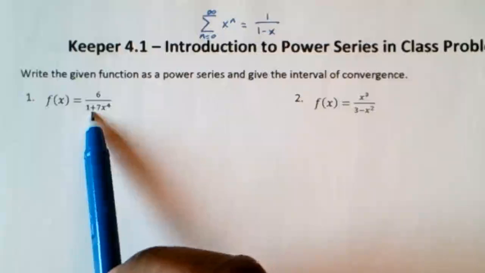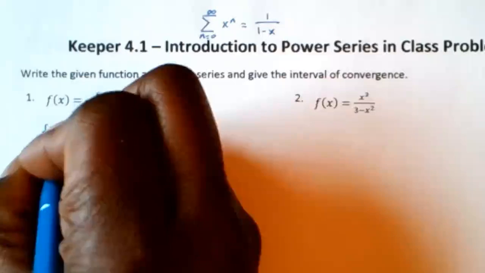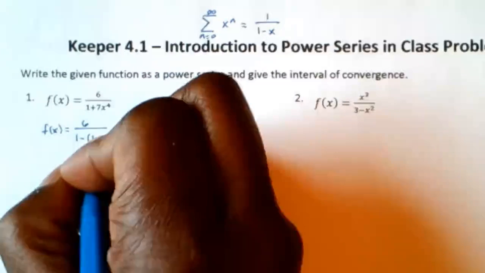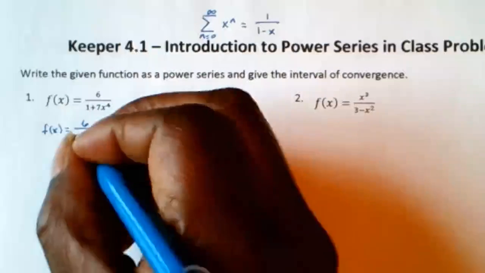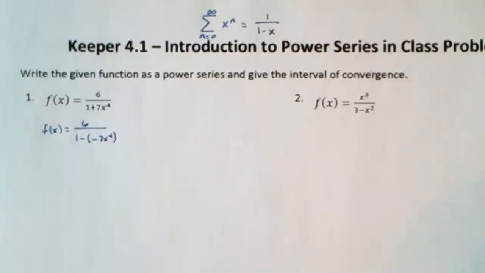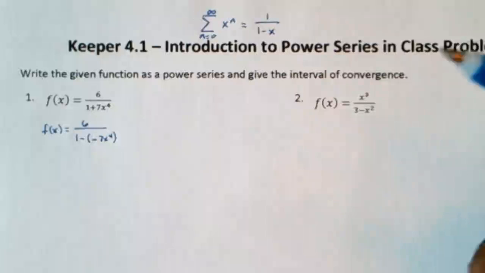And I also need to make sure this is minus. So when I rewrite my f of x, I'm going to get 6 over 1 minus negative 7x to the 4th. Now I've got my 1 in front in my denominator, and I'm subtracting off something.